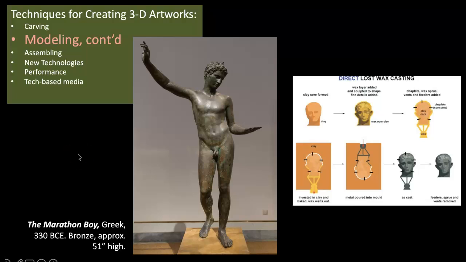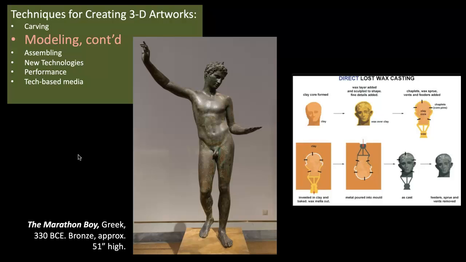Continuing with our examination of modeling, I mentioned wax, but I'm not talking about just manipulating wax to make novelty candles for various holiday seasons, but it's an ancient medium used to create bronze sculptures in an ancient technique known as the lost wax process, used by such cultures with great sophistication, such as the ancient Greeks.